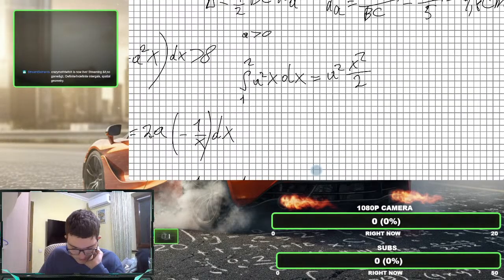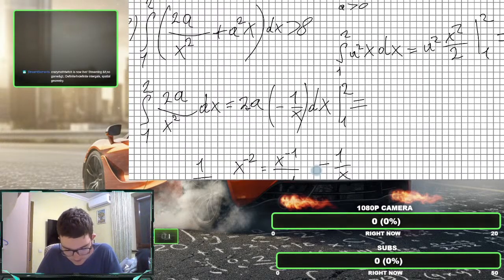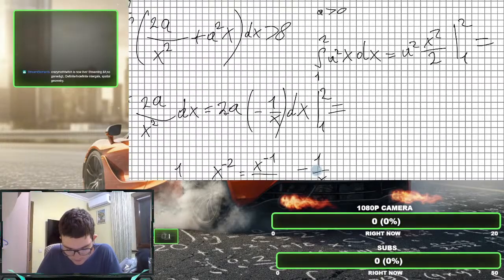Yeah, so here from 1 till 2, so solve it, and here also from 1 till 2. So essentially from 1 till 2 there is 4 times minus 1 divided by 4.